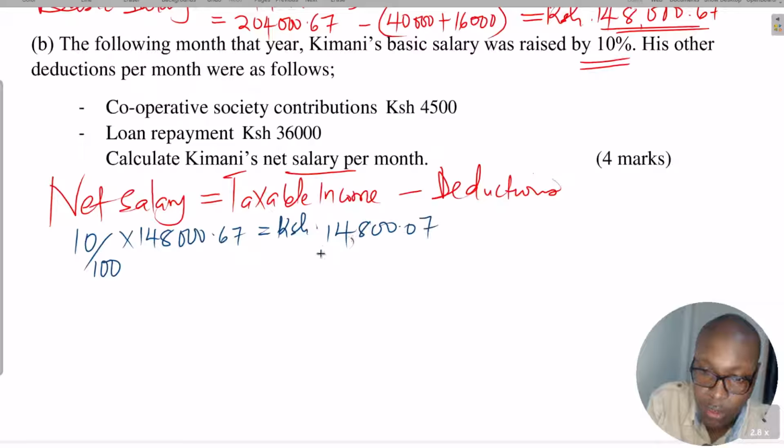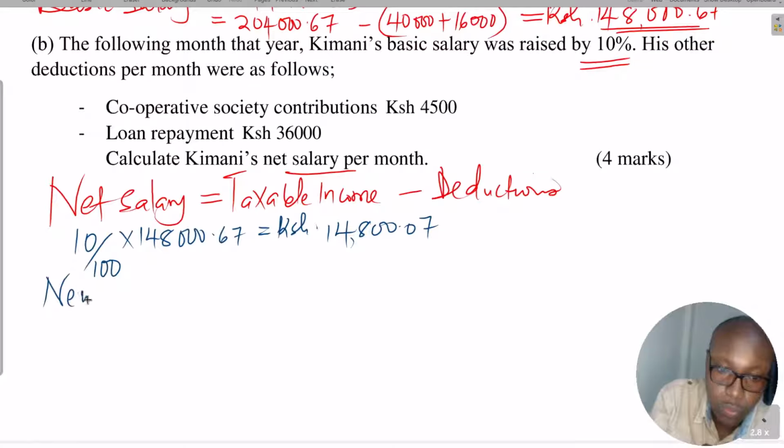So this is the 10% increase in the basic salary. This is going to the last band because it is an increase, and it will be subjected to the tax rate in the last band. So we need to get the new tax increase.